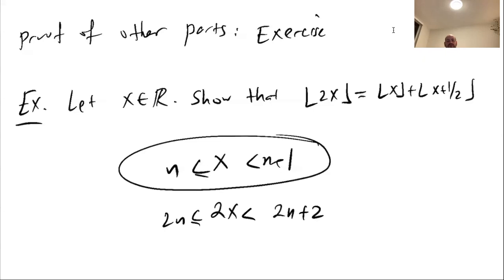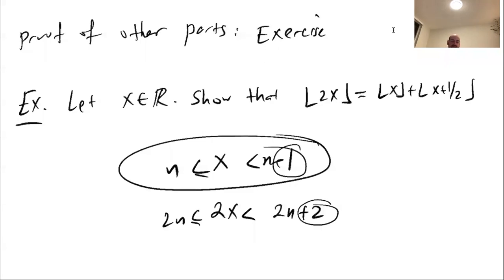So how can we fix this issue? Well, why did this plus 2 appear? Because this plus 1 was multiplied by 2. When x is between n and n plus 1, and I'm going to multiply it by 2, this range is too big to help us understand the floor of 2x.